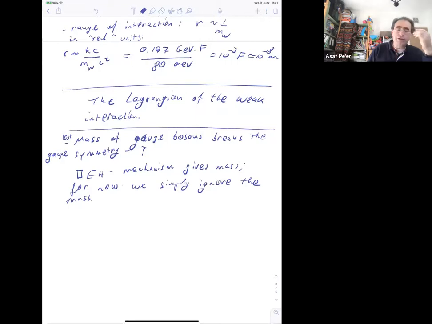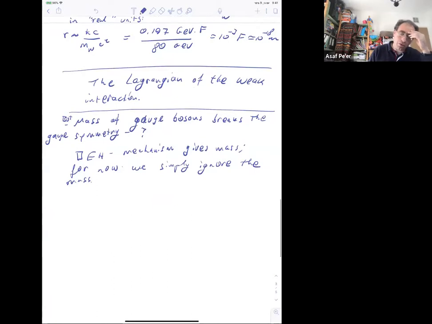Now, all the interactions we studied so far, right? We had an interaction term between the fermionic part and a gauge boson, and they all had the same form. It was like psi bar gamma mu psi A mu, right? This is the interaction term in the fermion and gauge bosons.